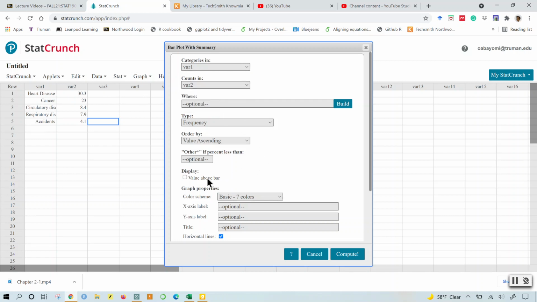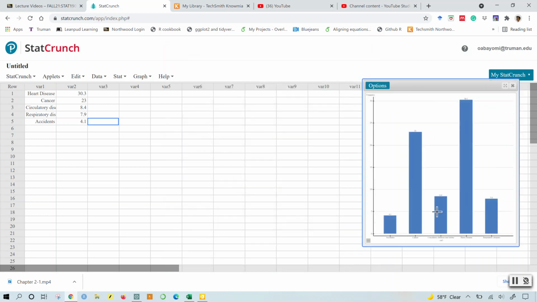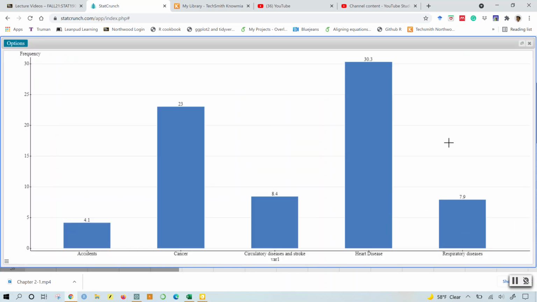I would like to display the value above the bar and compute. Here I can see immediately a comparison of the different causes of death. If I would like to expand or zoom in, I have this. So I have heart diseases being the leading one at 30.3%, followed by cancer.